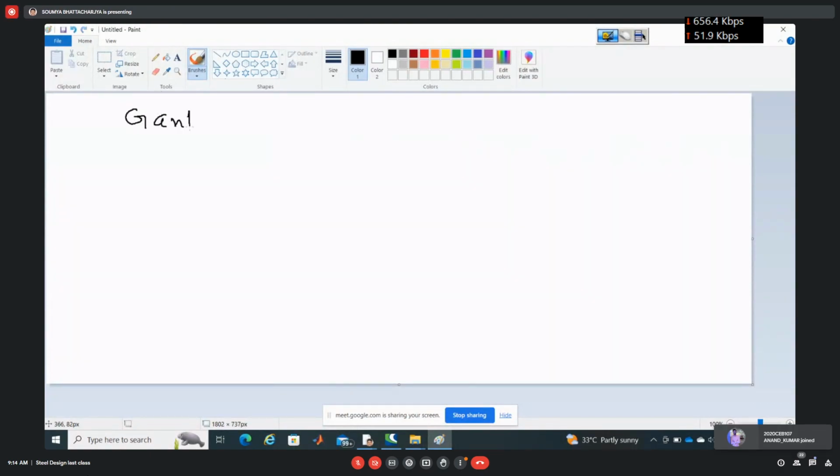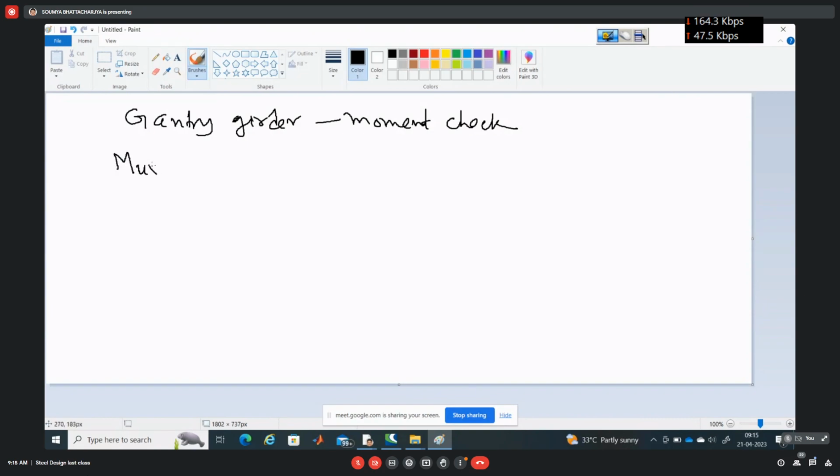So we are covering this gantry girder, the moment check we are covering. As I have told you that MUX by MDX plus MUY by MDY should be less than or equal to 1 for safety, because the gantry girder is a beam which is subjected to biaxial bending.